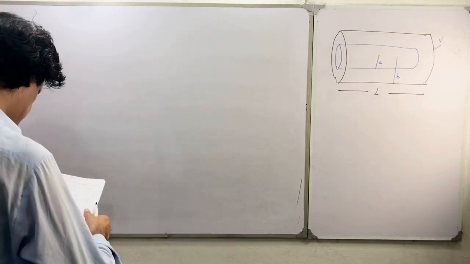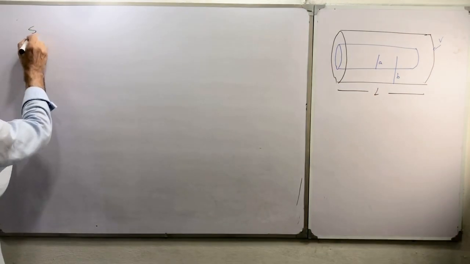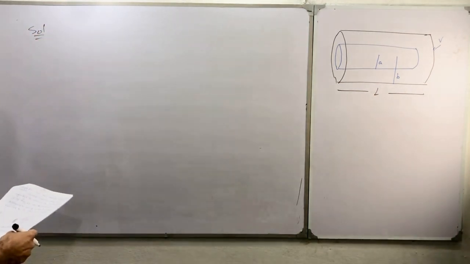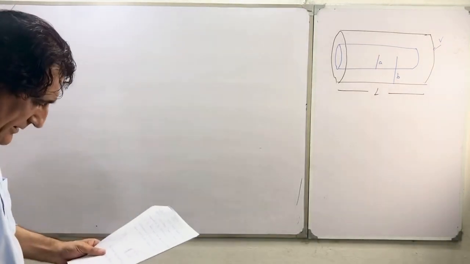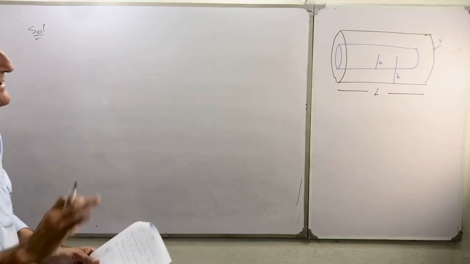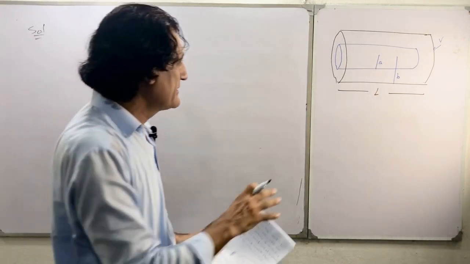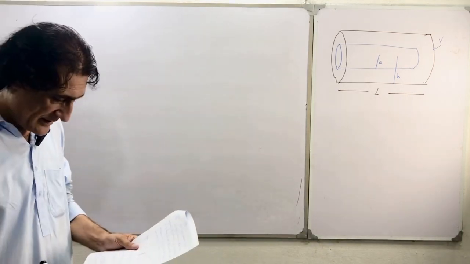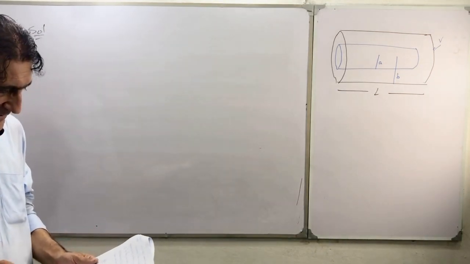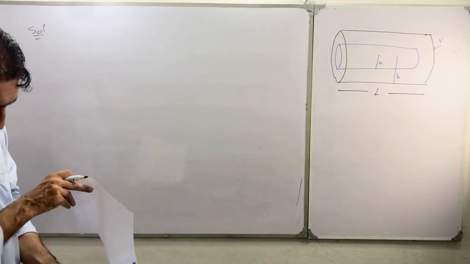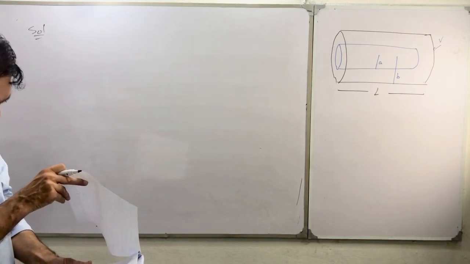First of all, the solution of this example. We are looking to find out the electric field in this configuration, and then we may proceed with this problem further and find the current.